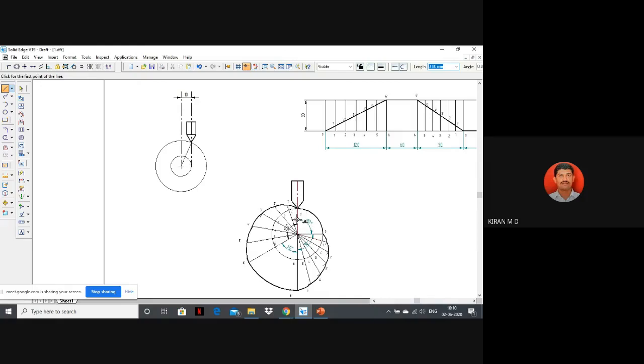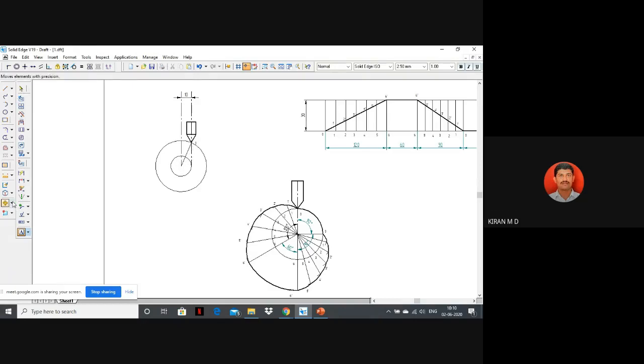Now this is the reference line for the angle. That is the point 0. This is the 0 here. Now you draw the line for 120 degree from this one. Previously, in the linear case, you measured the angle from here, but here you have to measure from this line.